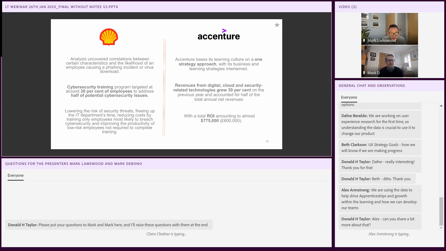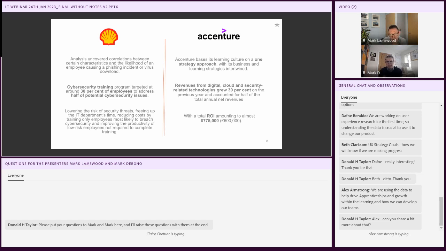And then moving across to Accenture, which is a company I know well, as the exec sponsor there here at Cornerstone. They definitely have this one strategy approach at Accenture, which is how do we align business strategy and learning strategy.